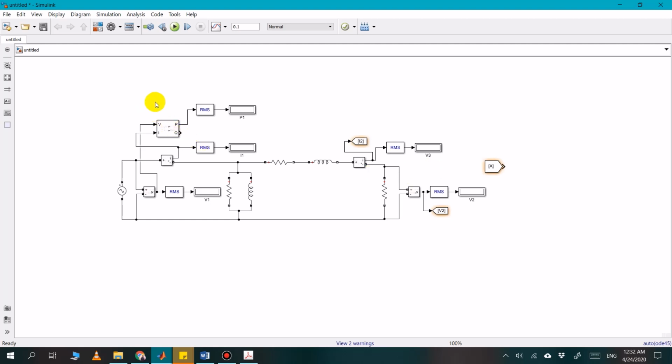We also need the power block for the secondary side. Okay, voltage. Get the voltage from here and current from here.